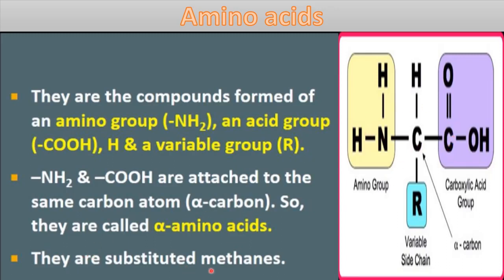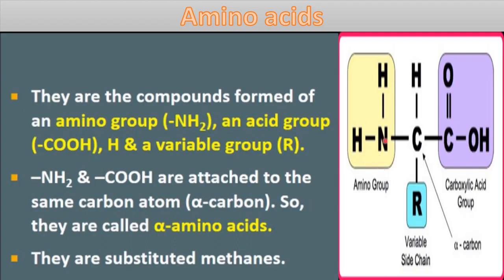They are substituted methanes also. Amino acids can be called substituted methane, because you know the formula for methane is CH4. Consider one C with H attached on all four sides. That will be methane.